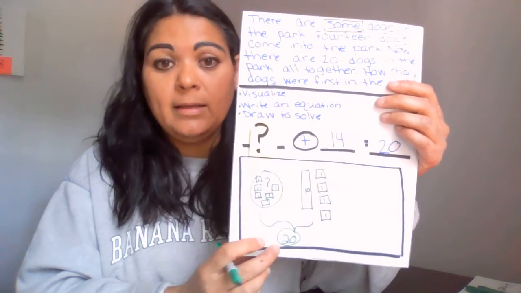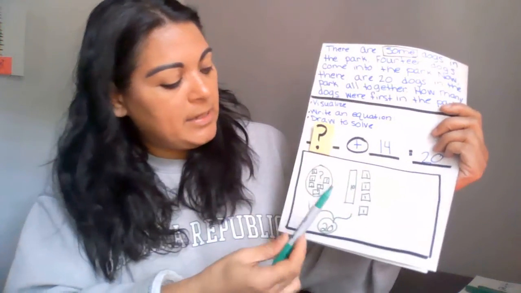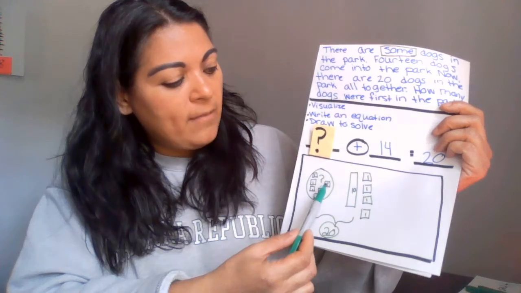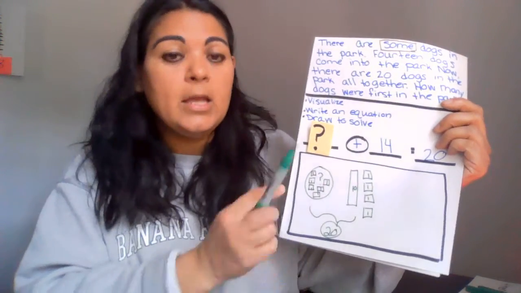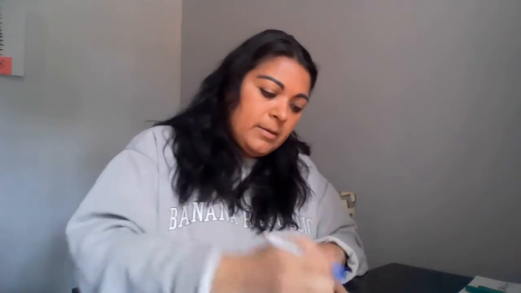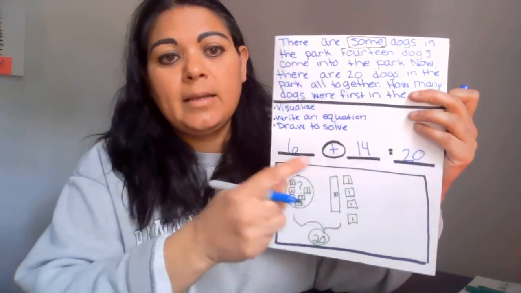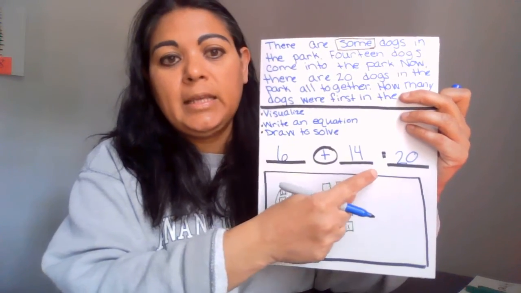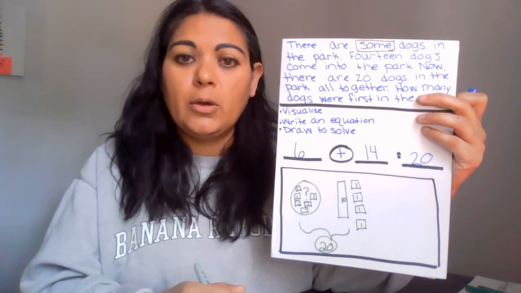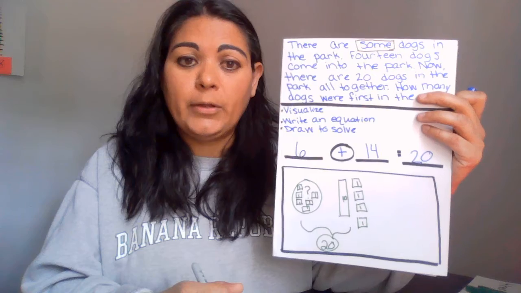Did I reach my 20? I did. So let's count to see how many's in this group. 1, 2, 3, 4, 5, 6. Okay, so 6 is my unknown amount. So let's go ahead and put 6 there. Okay, ready? 6 plus 14 equals 20. Okay, so we solved for that unknown number, that unknown value.